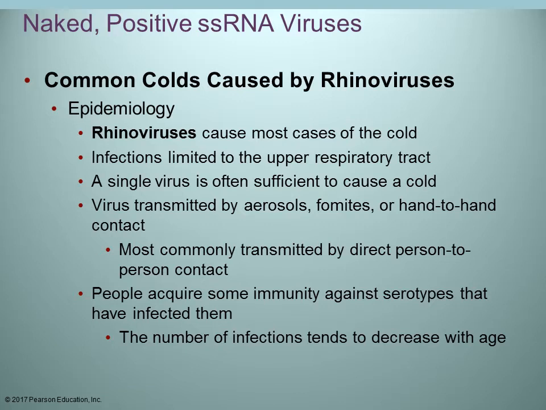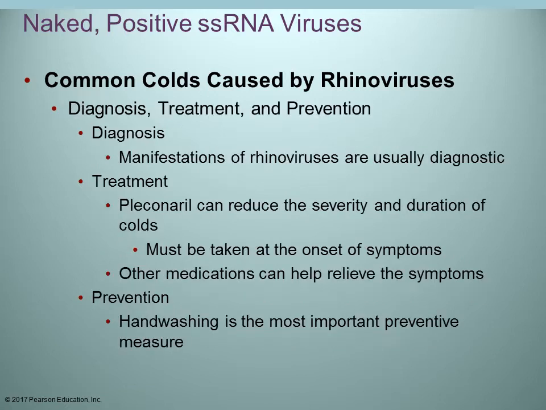Now, over time, people will acquire some immunity to the particular what we call serotype, or the strain that infected them, which is why you tend to have fewer colds as you get older, because you've got this immunity. The problem is with rhinoviruses, there are so many of the different strains of them.